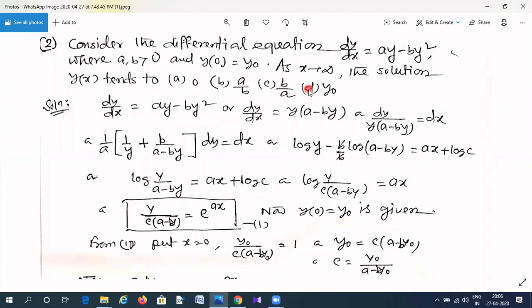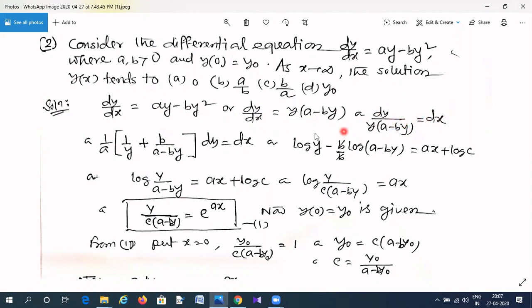So I'm writing these equations again. The main differential equation is dy/dx = ay - by². If we take y common, it becomes dy/dx = y(a - by). So dy / (y(a - by)) = dx.